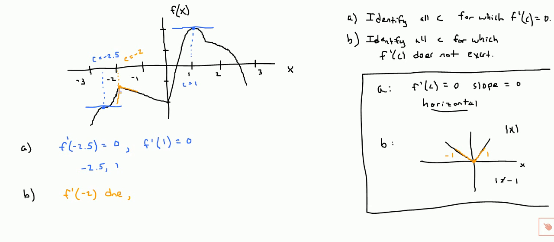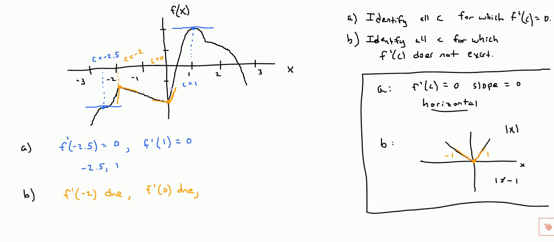So we continue. And then here is the next little cusp in the graph, right? On the left, the tangent looks like that, and on the right, the tangent looks like that. So at this point, c equals 0. f prime of 0 does not exist. And so let's keep going.